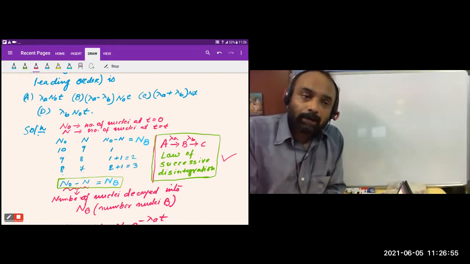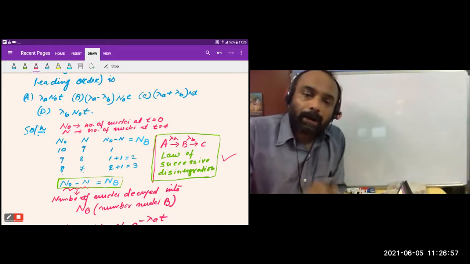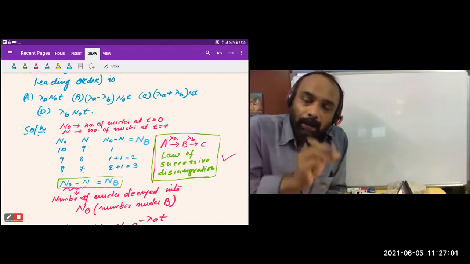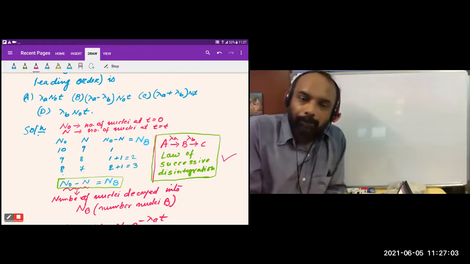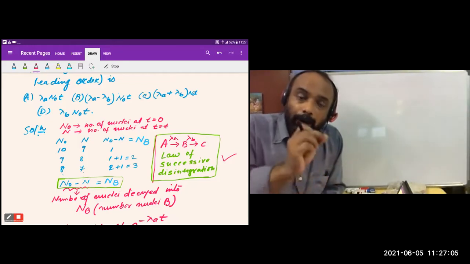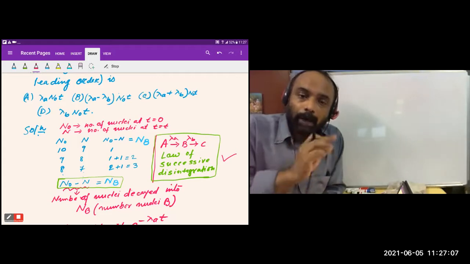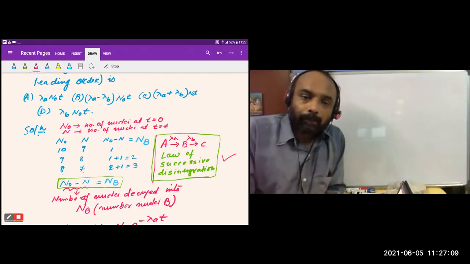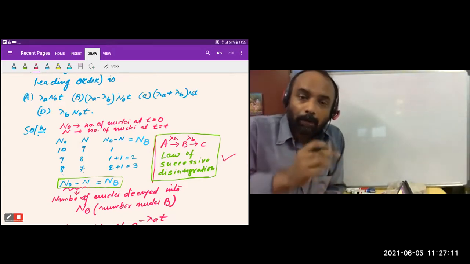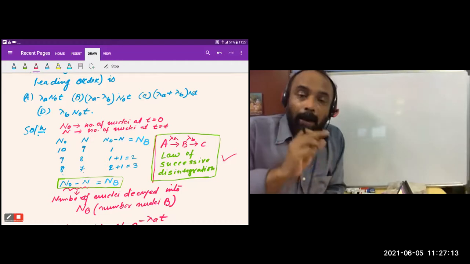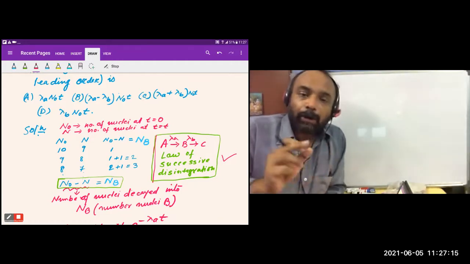Option A says lambda A N naught t. That means it is relating basically A and B, and we are getting B from A. Option B, lambda B N naught t.